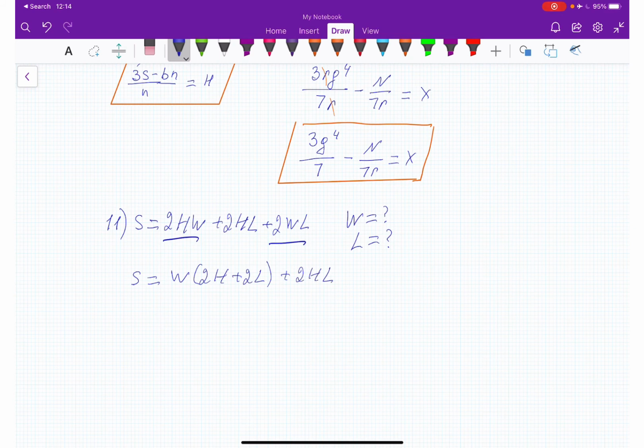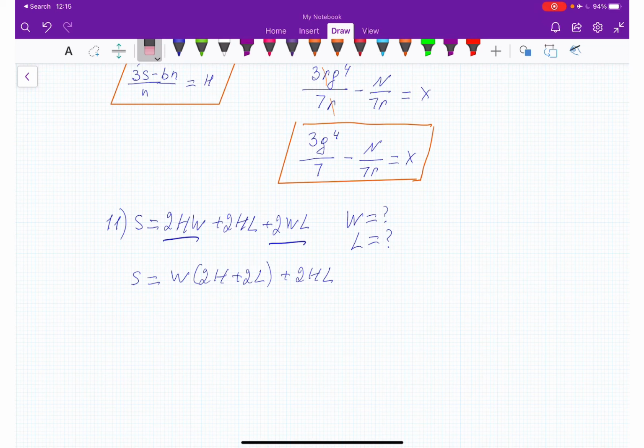Now you would wonder why I didn't take these two also out, because I need W, I don't need 2W. That's why I need to solve for W. If I would have to simplify, then yes, I would. But I need to find out how much W is equal. So why would I drag 2 with W? Make sense?